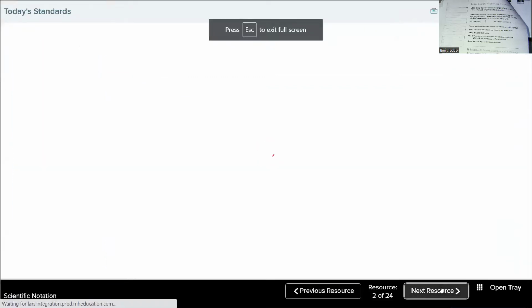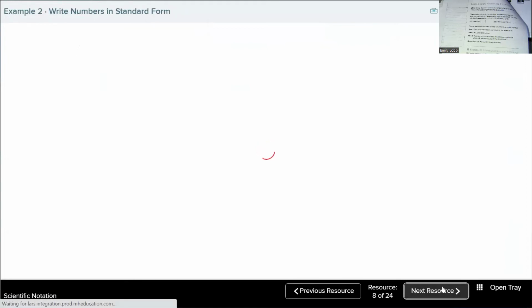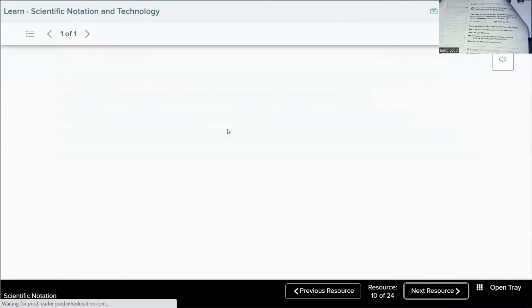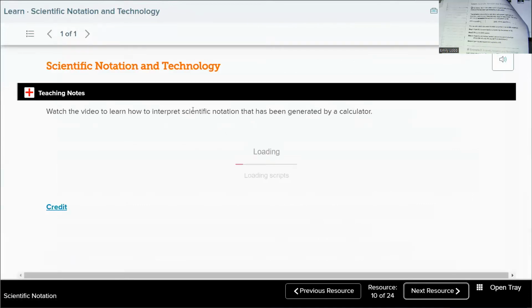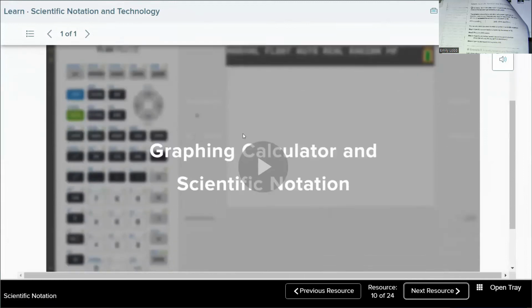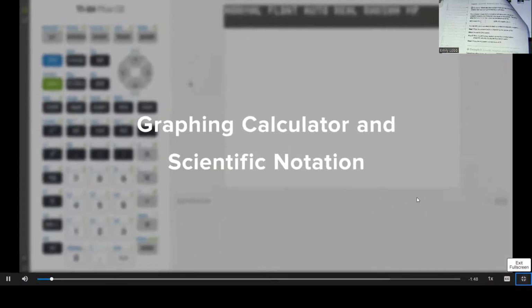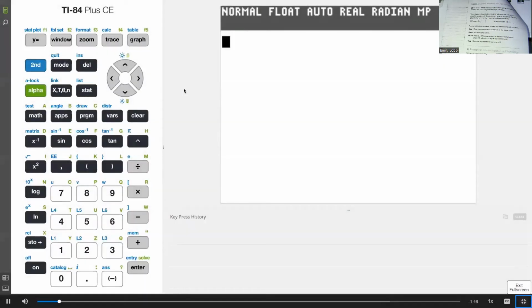We have launched it. We've explored, we've learned, we did examples 1 and 2. All right, this is where we should be. Let's check it out. Graphing calculator and scientific notation. A calculator will convert numbers to scientific notation only if they are very large or very small.